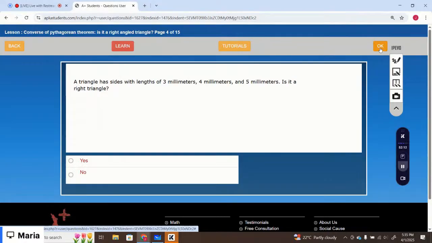A right triangle has sides with side lengths of 3, 4, and 5. Is it a right triangle? Yes, it is a right triangle.